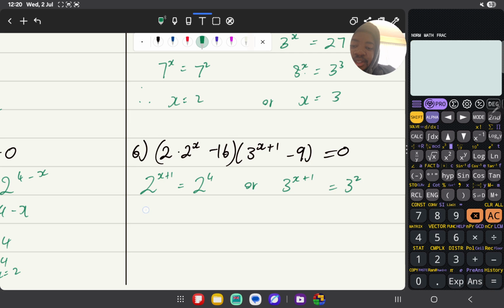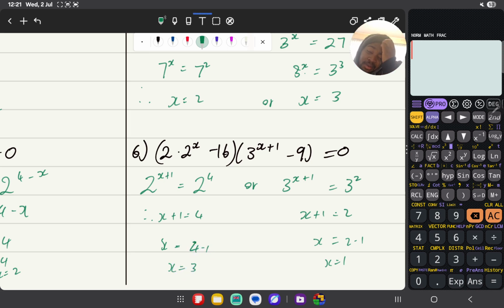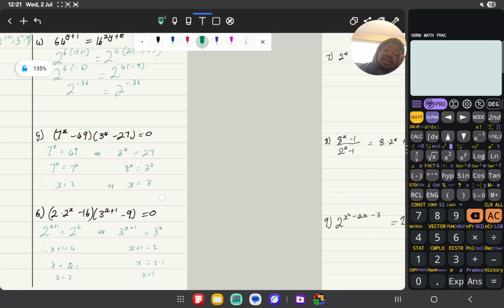Then you could say therefore x plus 1 equals 2, x equals 2 minus 1, x equals 1, or x plus 1 equals 4, x equals 4 minus 1, x equals 3. Sure. Then it's done.